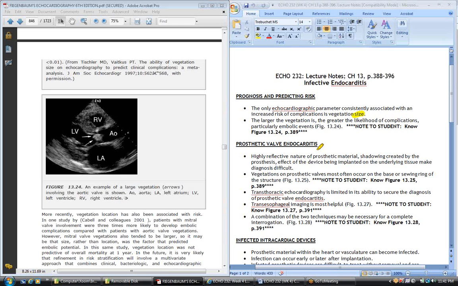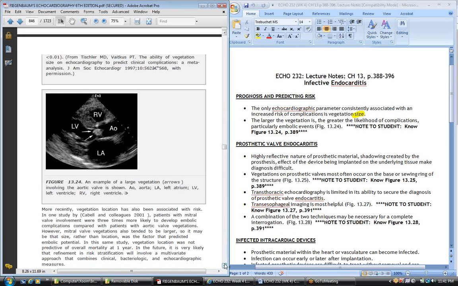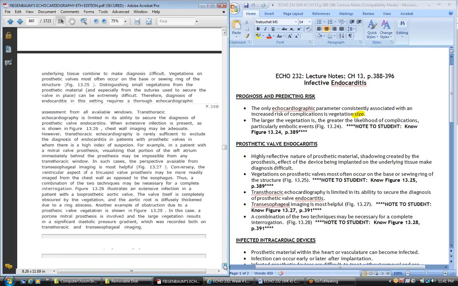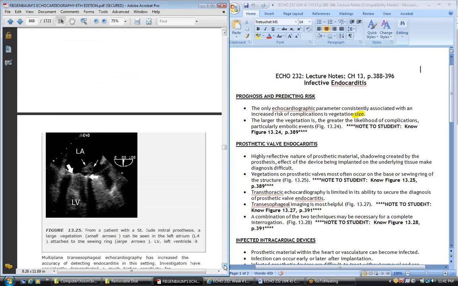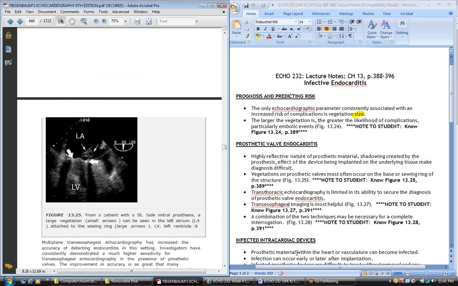However, vegetations on prosthetic valves occur most often on the base or the sewing ring of the structure, and we can see that in figure 13-25. This particular patient has a St. Jude mitral prosthesis.